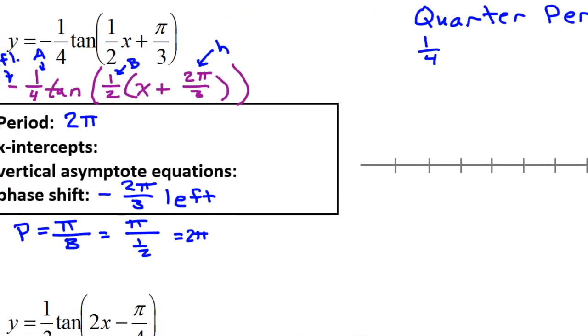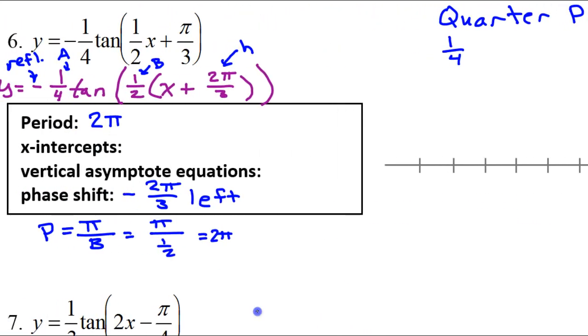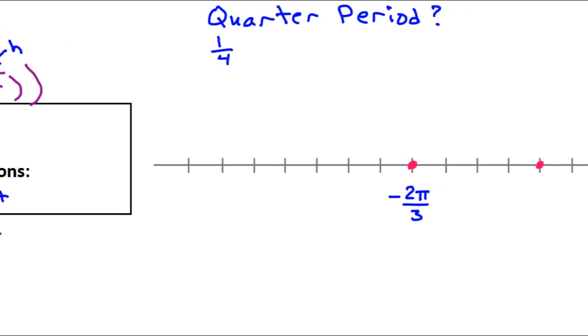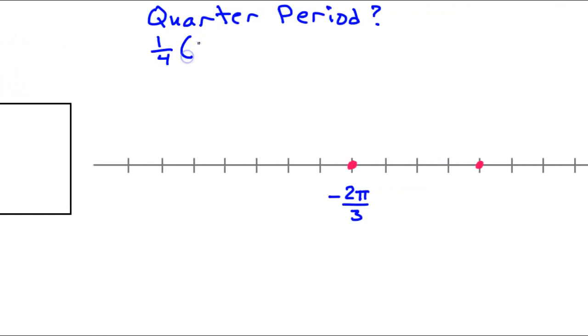So the period was 2 pi. So as I calculate 1/4 of the period, that's going to be 1/4 of 2 pi. In other words, 2 pi over 4, which equals pi over 2. Okay? So every one of these marks should be increasing by pi over 2.